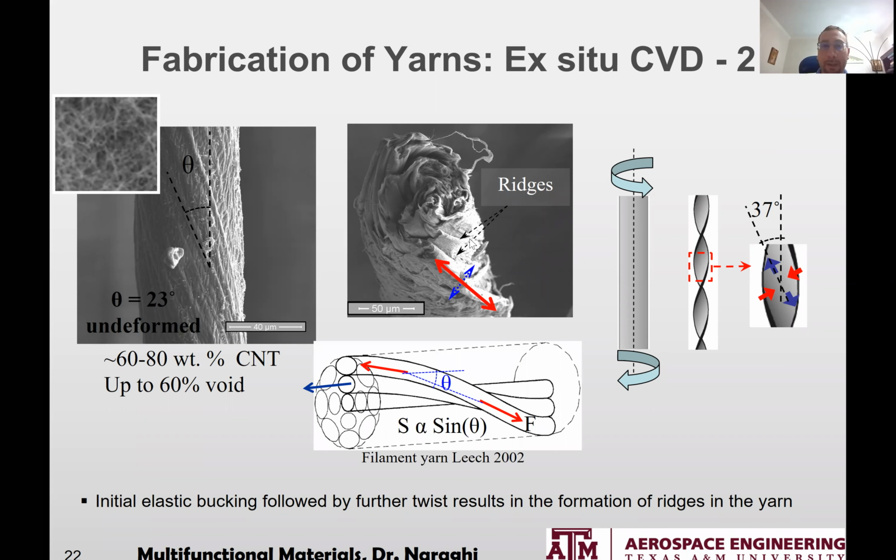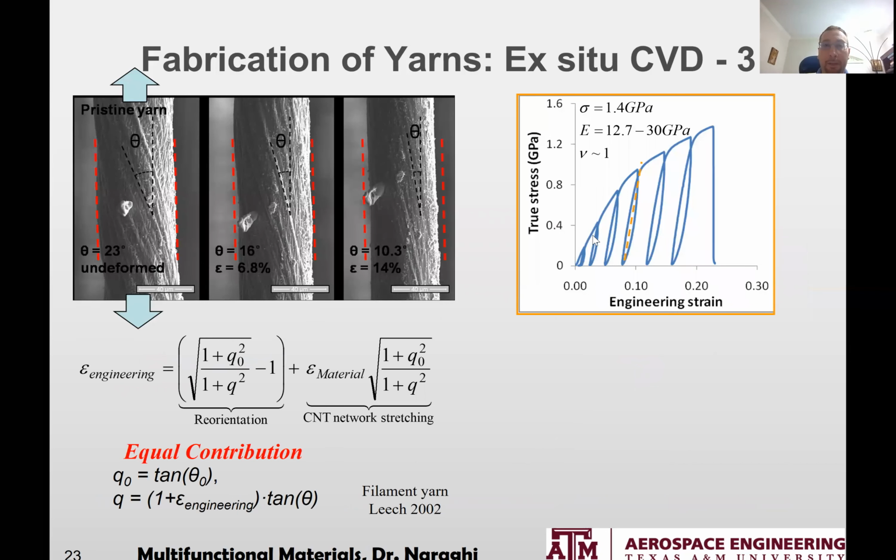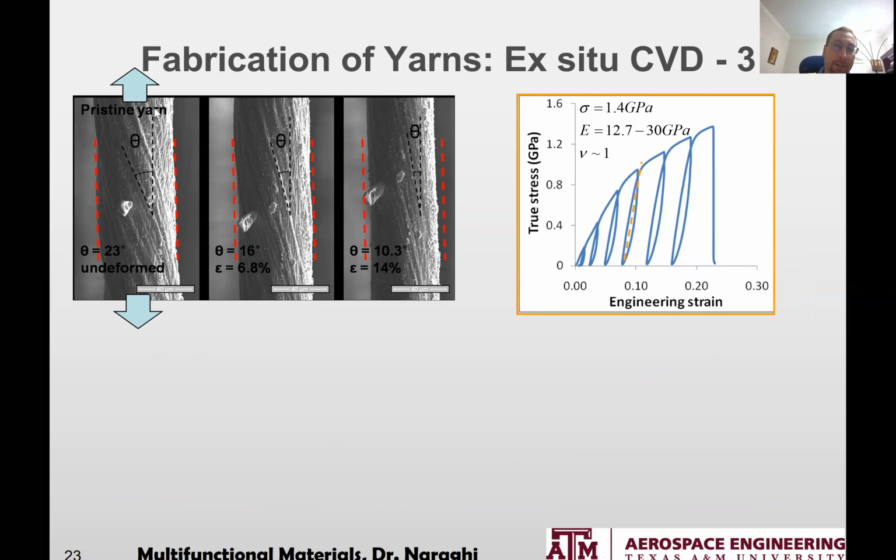Now, when you look at these, you can think of them as fibrils that are going like that at an angle theta. These are like filament yarns that are going at an angle theta, and they contribute a lot to the ductility of this material. So here I'm going to show you a tension test we did in SEM, inside a scanning electron microscope. So we stretch the yarn.